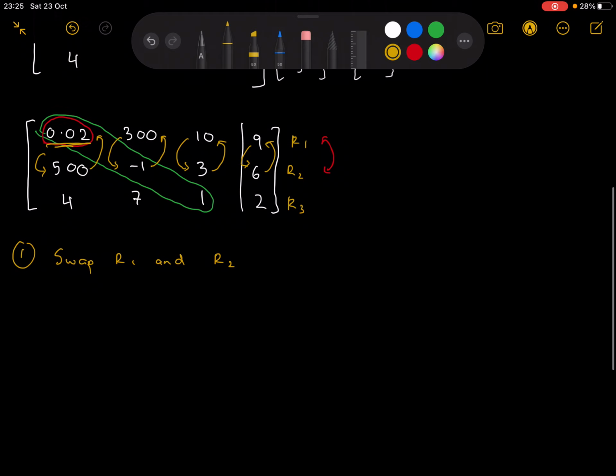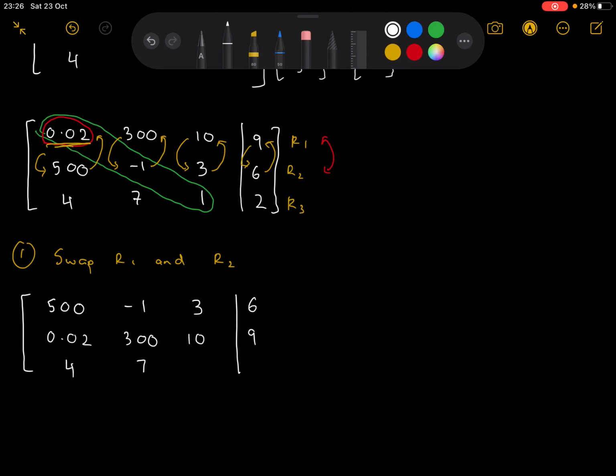So now once we swap the values, it will become 500, negative 1, 3, 6, and then 0.02, 300, 10, 9, 4, 7, 1, 2. So this is our first row, this is our second row, and this is our third row.